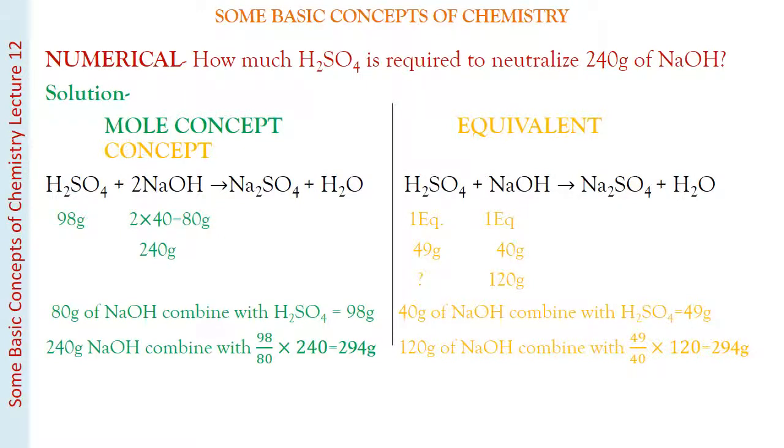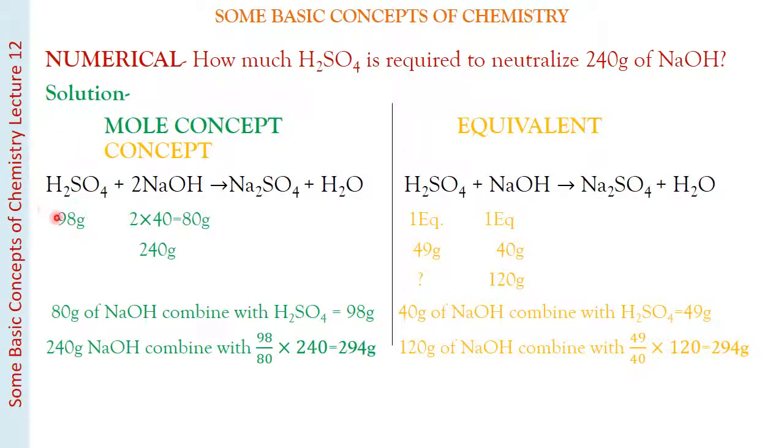So now let us see how we apply this to a question. The numerical says: how much H2SO4 is required to neutralize 240 grams of NaOH? Using the mole concept, what do we do? We write the reaction H2SO4 plus 2 NaOH forming Na2SO4 plus water, balanced. Right, it is balanced.